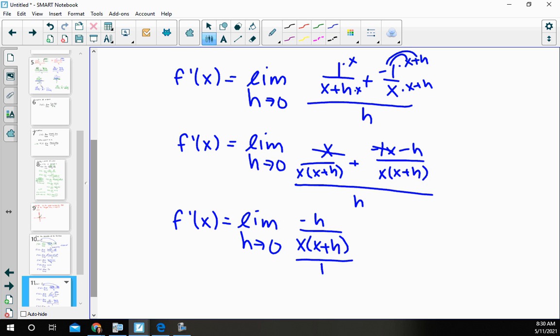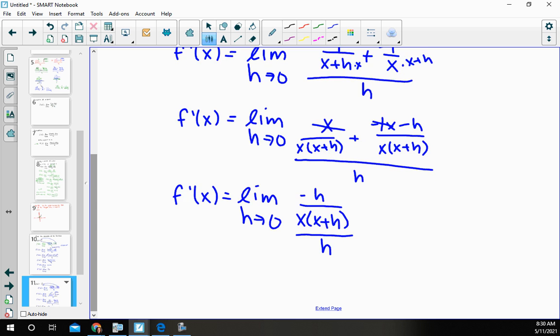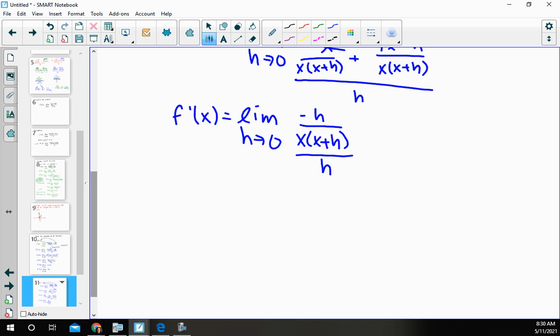Hopefully we start to see the shortcut with this one on how we would write our answers so we don't have to keep doing it. Here is my big division. I'm going to put it over 1, multiply by its reciprocal. Those h's are going to end up canceling.